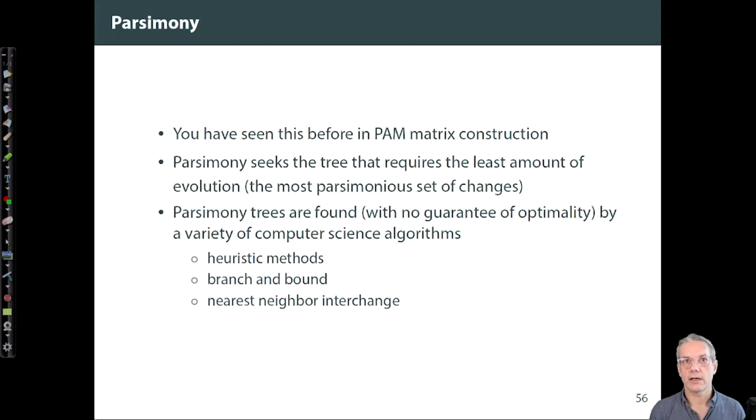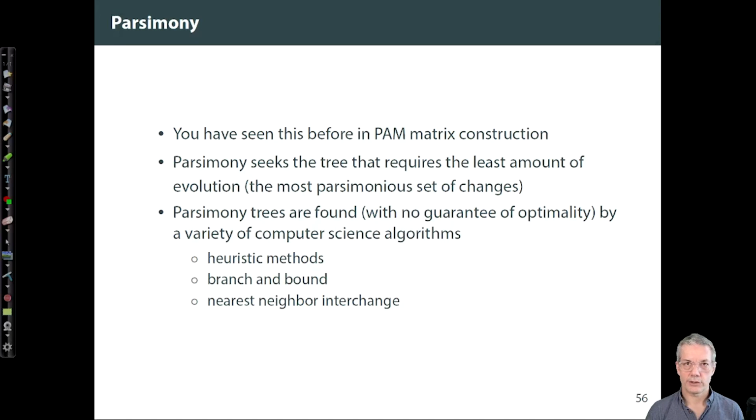And if you've taken a class in algorithms, you may have run across at least the second method here, the idea of branch and bound. In this class, we do not cover these algorithms in detail. So while it's nice to know that these algorithms are part of parsimony work, it is not necessary for you to know how these things work.